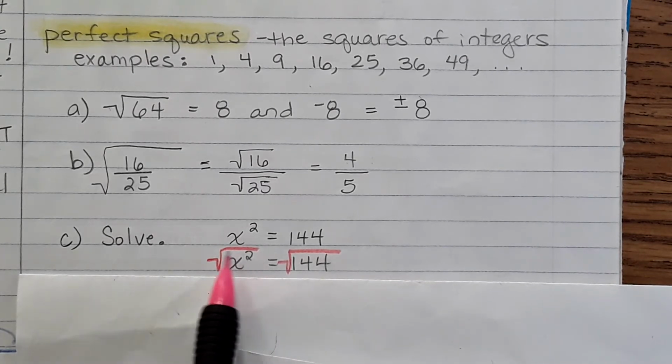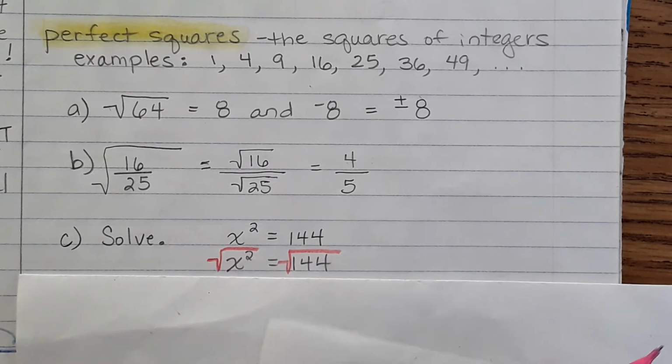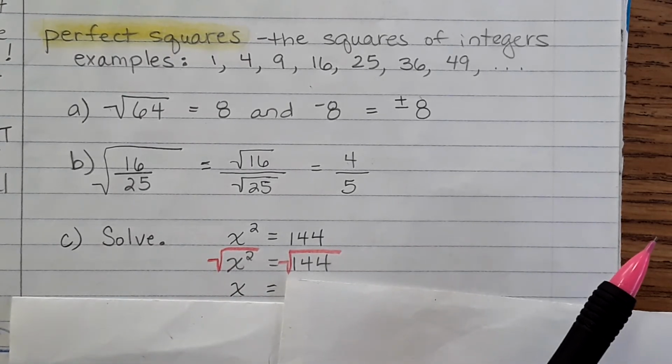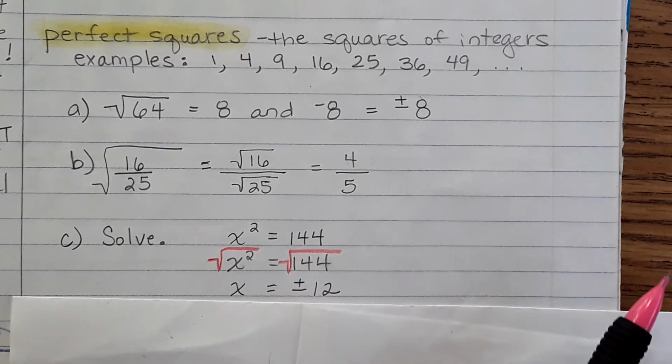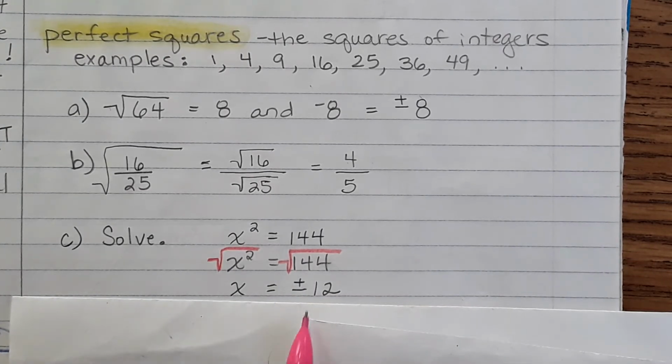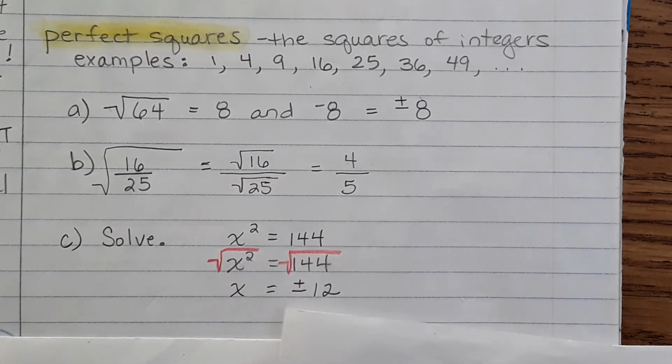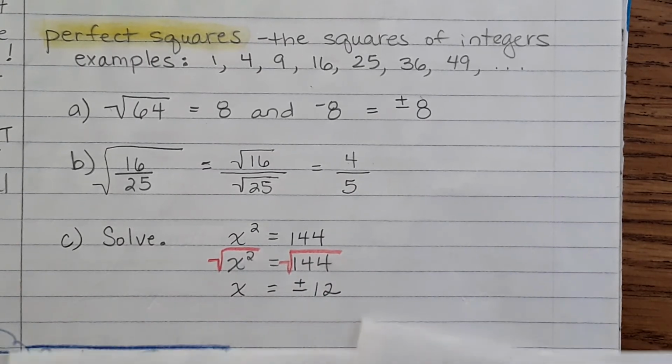Remember, they are inverse, they are opposite, they undo each other, so I just get x. And the square root of 144 is plus or minus 12 because positive 12 times positive 12 and also negative 12 times negative 12 both equal 144. So those are square roots.